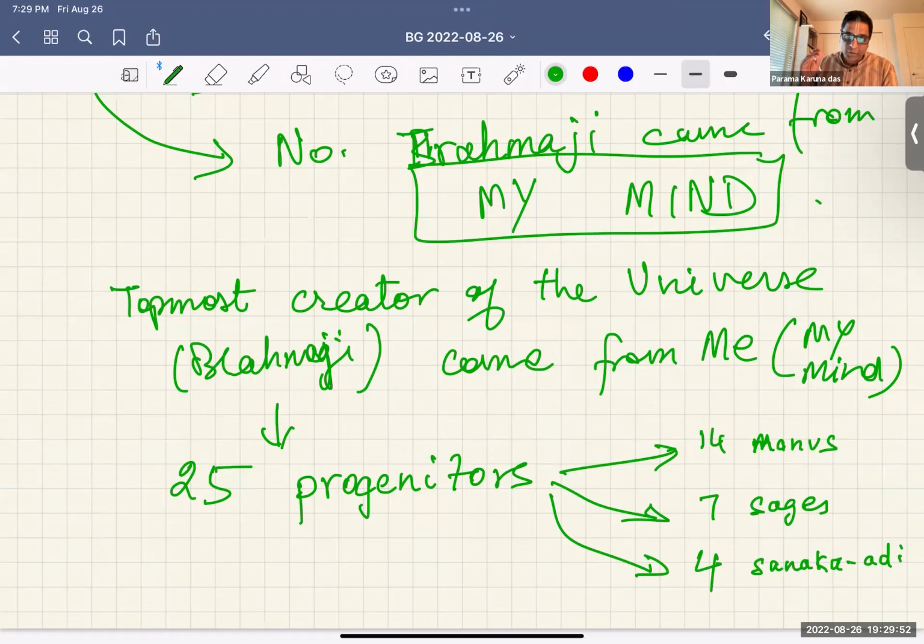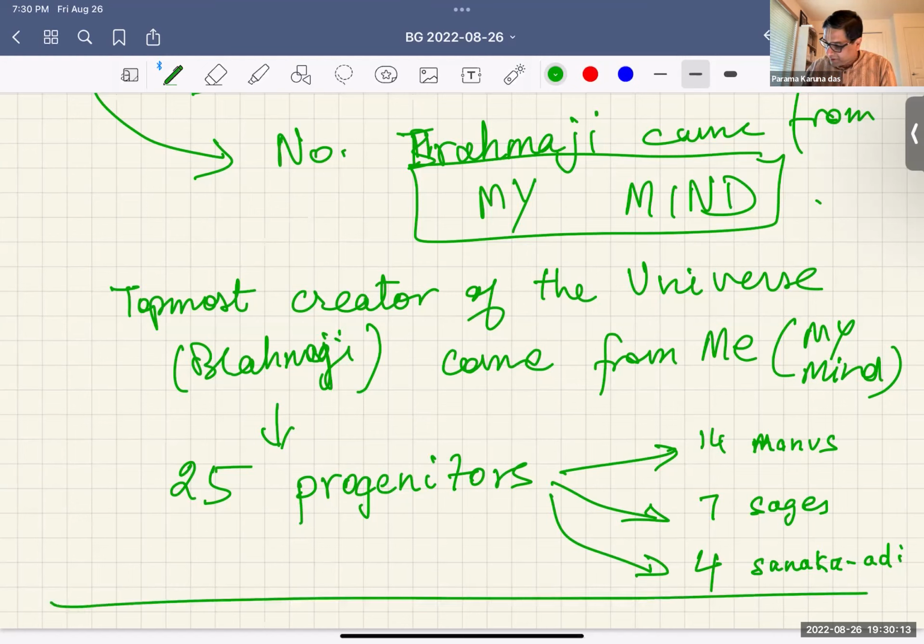So these are the 4 Kumaras, and they come from Brahmaji as well. The Saptarishis come from Brahmaji, and the 14 Manus come from Brahmaji, and Brahmaji comes from Krishna's mind. And they also come from Brahmaji's mind. Brahmaji also doesn't need a wife. So they come in turn through Brahmaji's mind. So ultimately, they are all coming from Krishna.